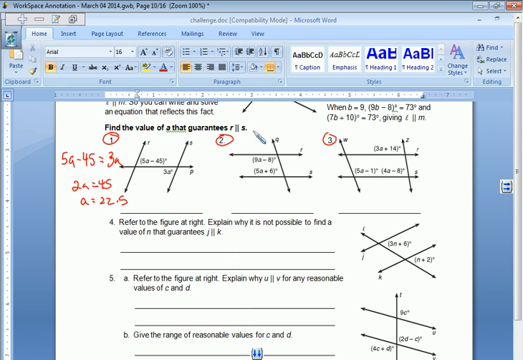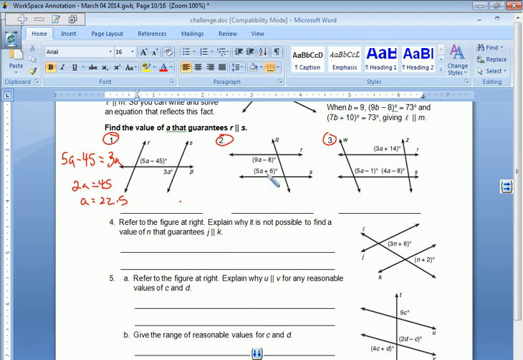We solve for the value of A that would make the measure of this equal to the measure of that. Therefore, those angles would be congruent. And if alternate interior angles are congruent, by the converse of the alternate interior angle theorem, we have proven that the two lines are parallel.